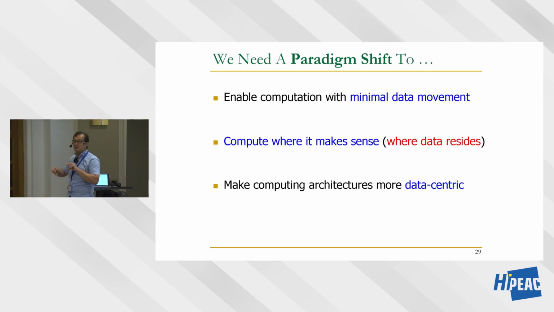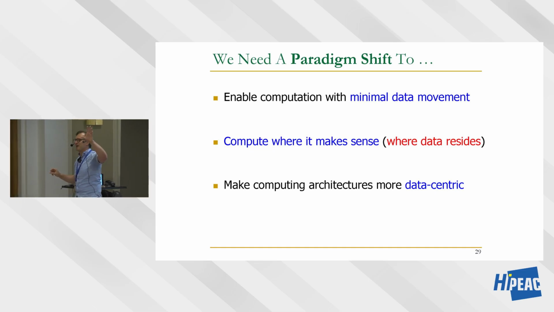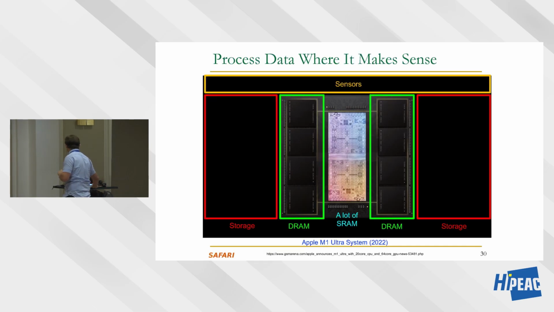In most cases, you may want to do processing in the storage, in the sensor, in the memory, in the interconnect, in the memory controller, in the cache, maybe in the register file. In GPUs, they have huge register files, so don't underestimate that. And sometimes, like maybe 5% of the time, in the compute unit. That's my perspective. So we want to make computing architectures more data-centric.